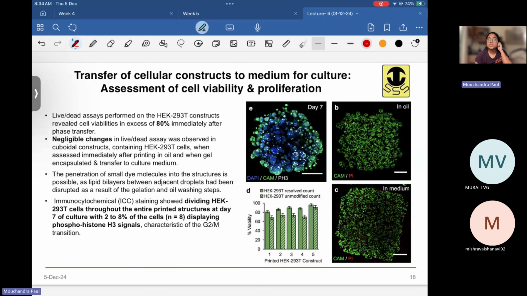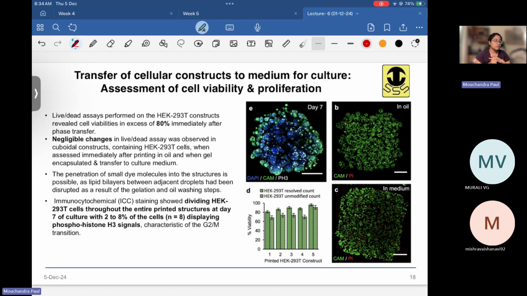Now they assessed the properties of the cells after they had transferred it to cell culture media. So first they checked the cell viability by using a live/dead assay, like I explained previously. The green cells are live cells stained with calcein AM. The red cells are stained with PI, or propidium iodide.